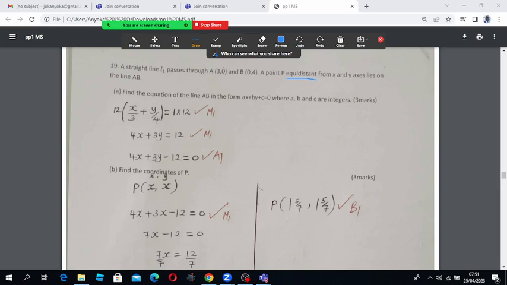Find the equation of the line AB in the form ax plus by plus c equals 0, where a, b, and c are integers. Integers are all numbers, so you must give all numbers, not fractions.